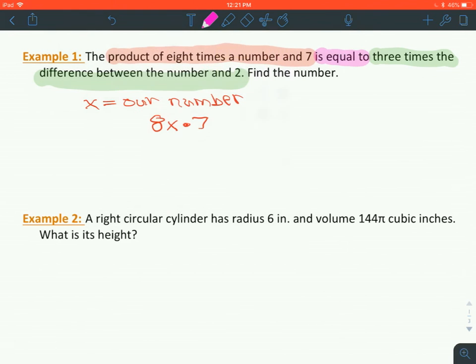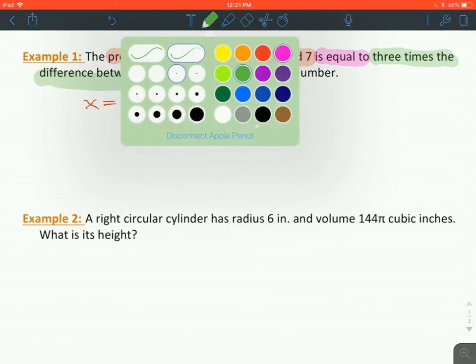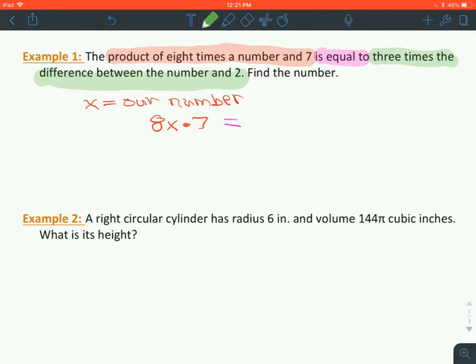We know that is equal to 3 times the difference between our number and 2. The difference between our number and 2 would be x minus 2. 3 times that difference would mean we multiply 3 times the quantity (x - 2). So there's our equation. Now we can go ahead and solve it.